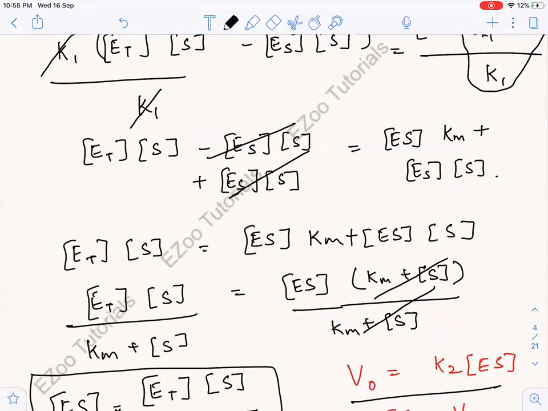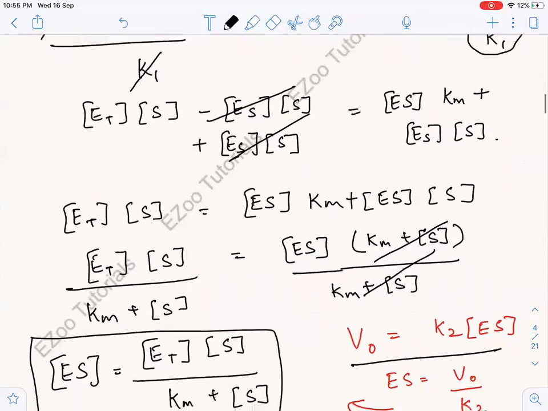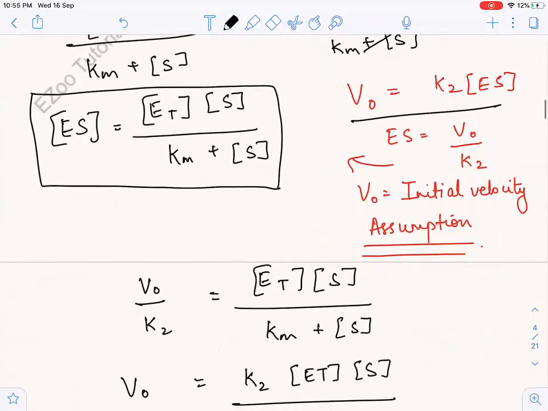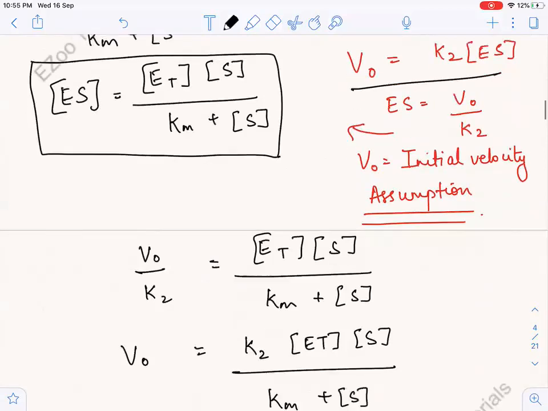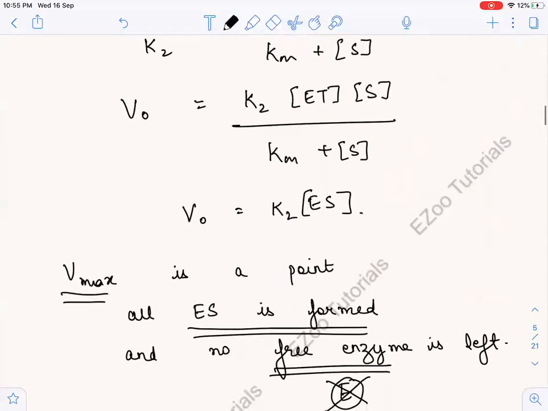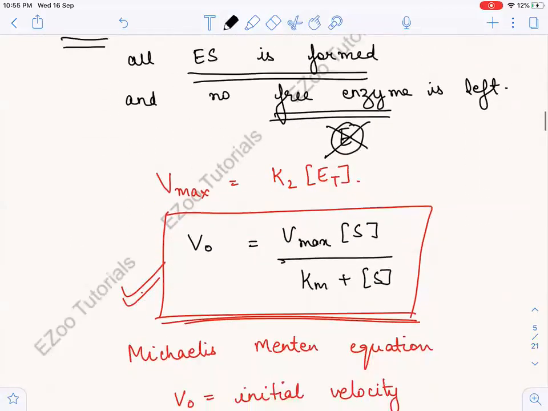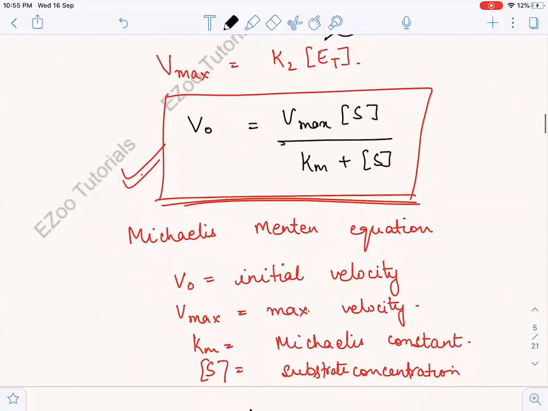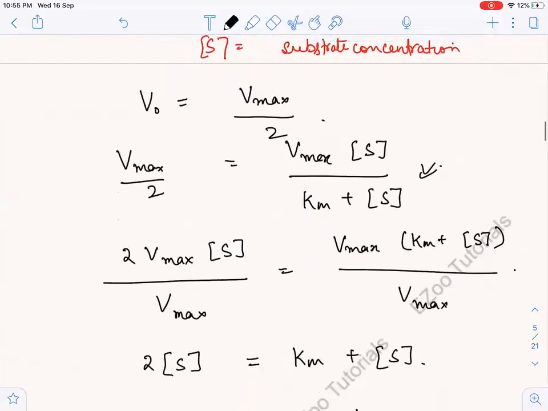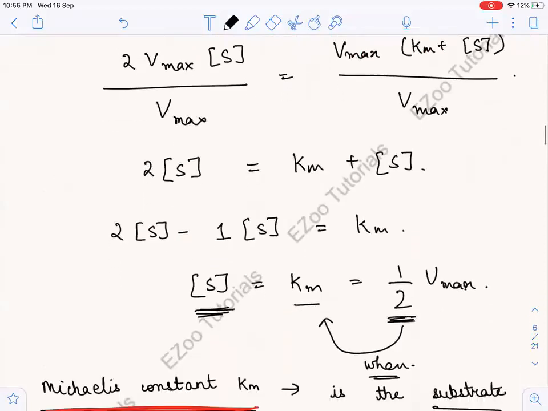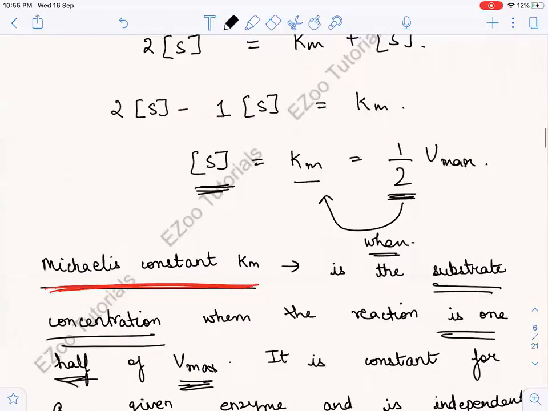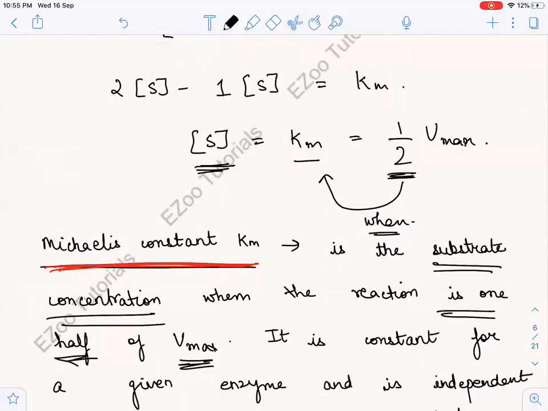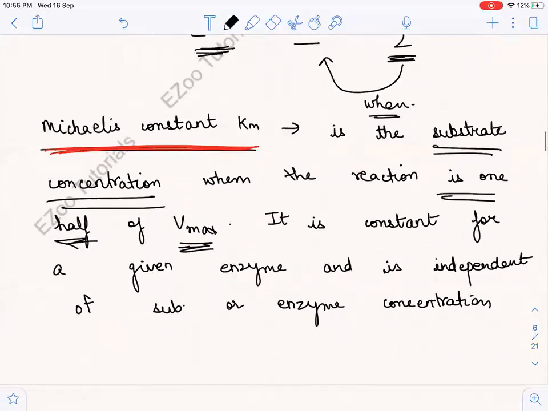You have to do it with your own hands. Then we again saw this assumption. We saw what Vmax is, and then we described the Michaelis-Menten equation, and then we saw that the substrate concentration when the reaction is half of the Vmax is equal to Km.